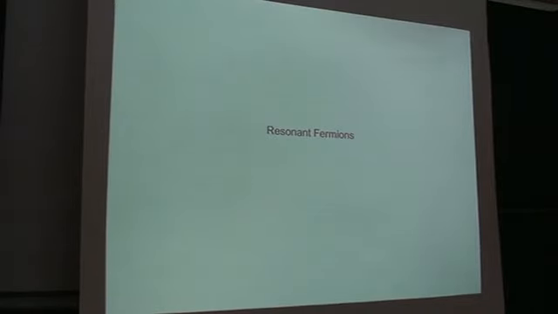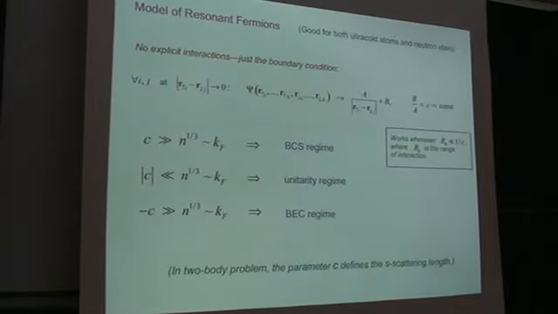It's a very hot topic. The resonant fermions is the following system, which nowadays can be realized with cold atoms. By means of a Feshbach resonance, the interaction, which originally is very weak, with the distance between particles much larger than the size of the interaction potential, can be tuned to the resonance, in which case the scattering length becomes on the order of the interparticle distance.